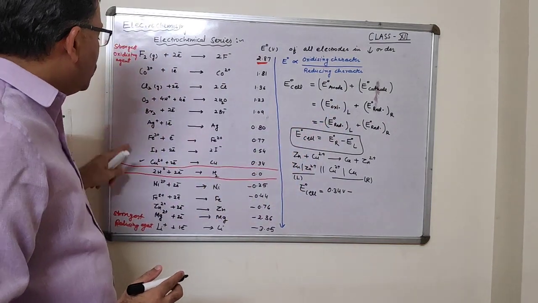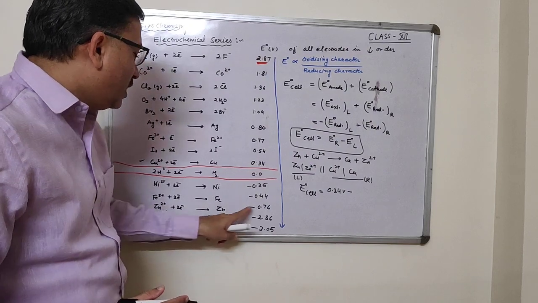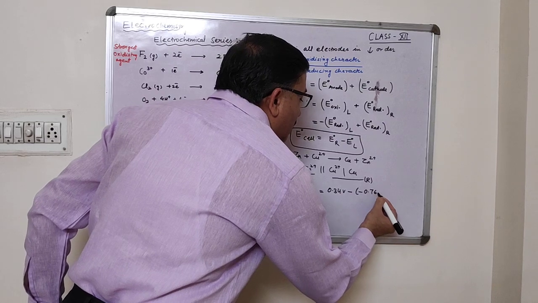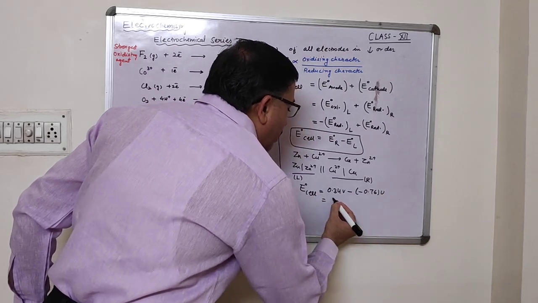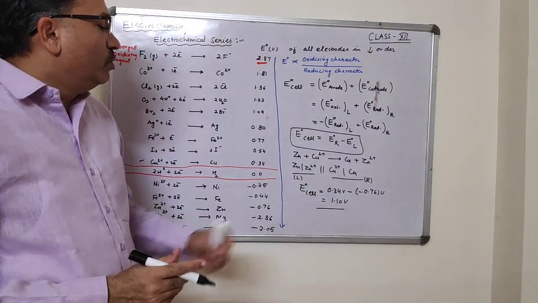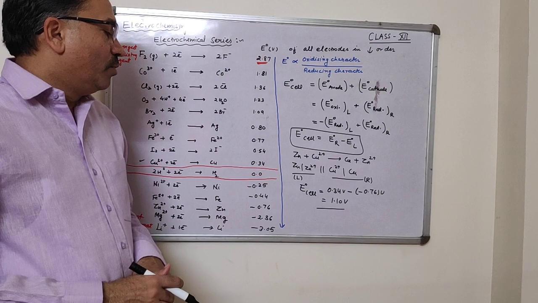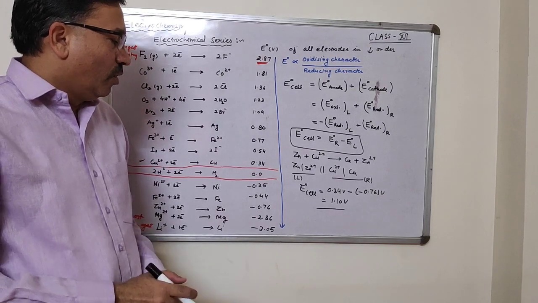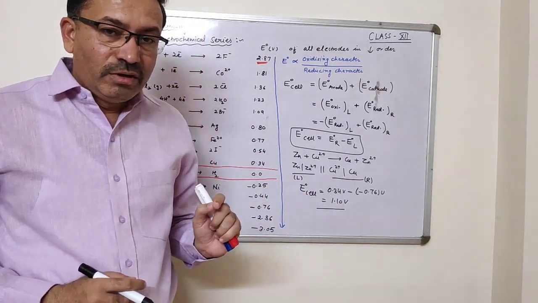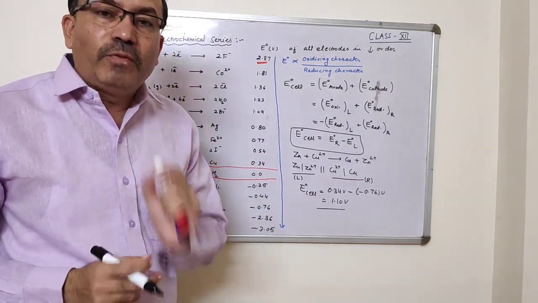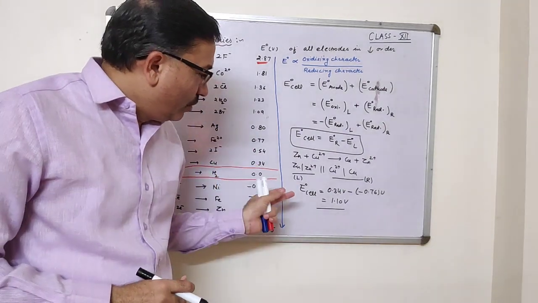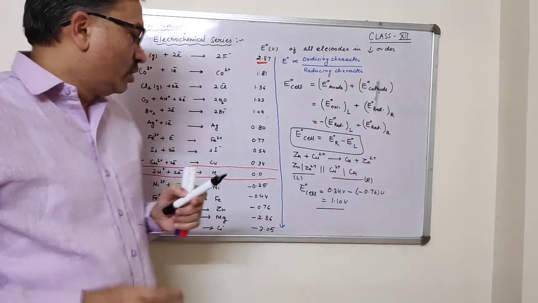So Zn2 plus to Zn, it is minus 0.76 volt, or this completely comes to 1.10 volt, and in that particular situation our E naught cell was 1.10 volt. Now one another thing, if E naught cell is positive, your reaction will be spontaneous, and if E naught cell is negative, your reaction will be non-spontaneous.